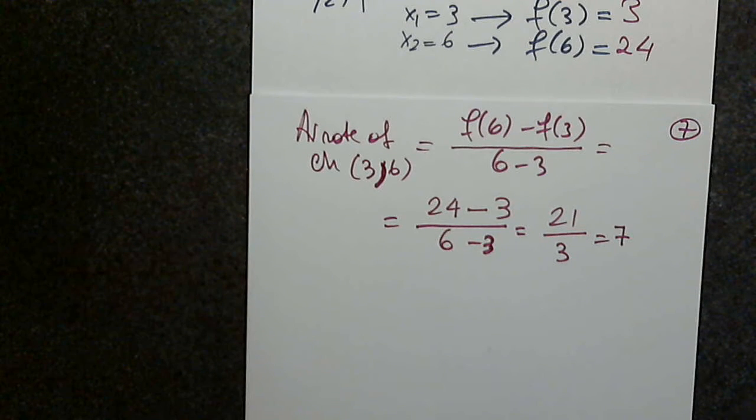So if this is measured in miles and this is measured in hours, what is the measurement unit for 7? Right. Miles per hour. Very good. Please remember that. The average rate of change is a ratio, and the measurement unit has 2 parts: a unit for the top, per the unit for the bottom.